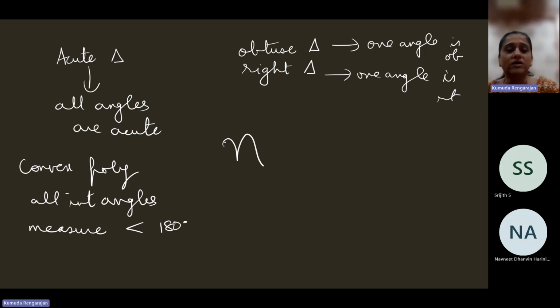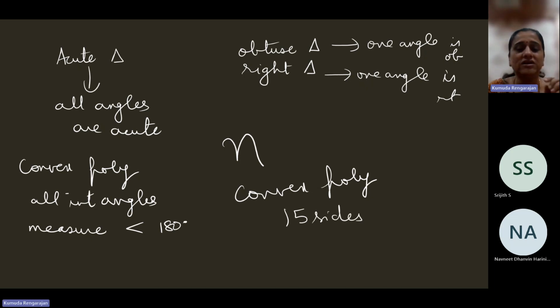Supposing it is a convex polygon with 15 sides, all the 15 interior angles will each measure less than 180 degrees.